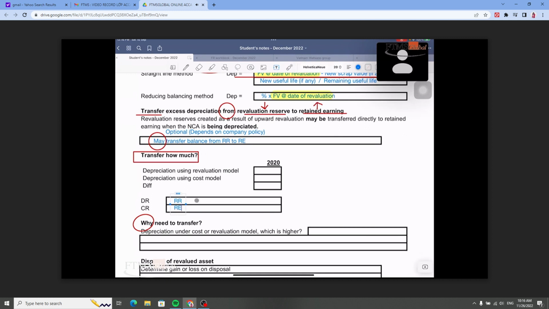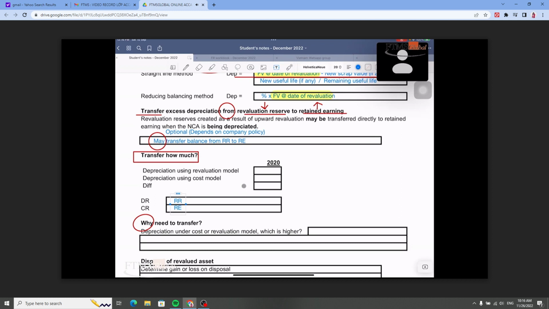So the next thing is how much. To calculate how much you should transfer, you need to calculate two depreciations. One is depreciation using revaluation model, and the other one is depreciation using cost model. Then let me ask you one question.